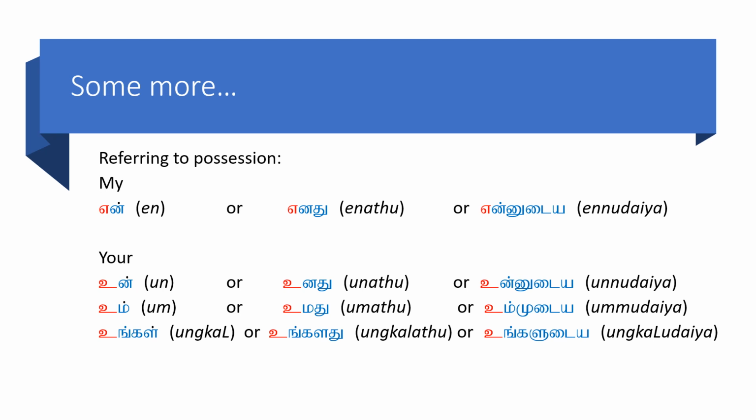Umadu, or ummudaya is used to refer to a person of equal level. Ungal, ungaladu, or ungaludaya is the most respectful way of referring to the person in front of you.